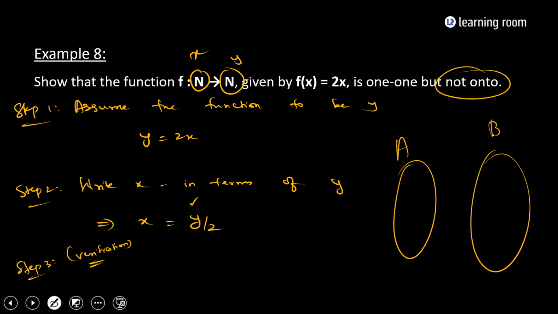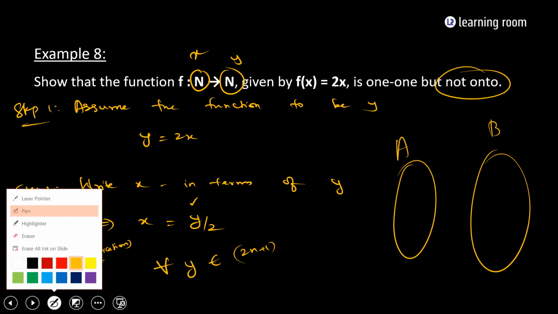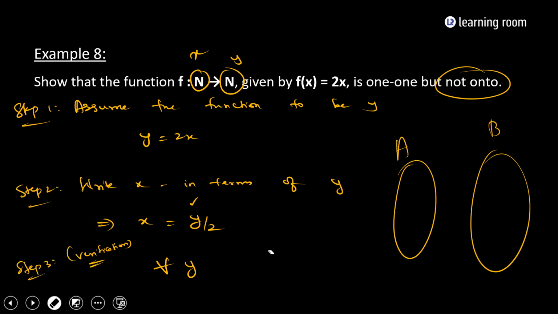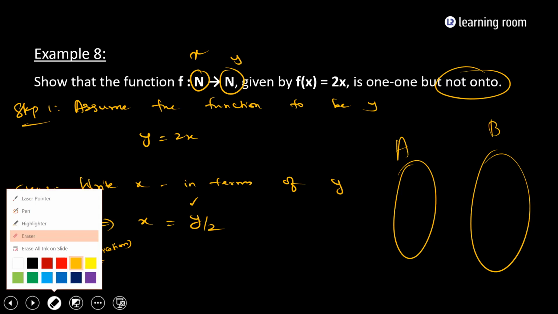So what you can say is, for all values of y which are odd numbers. You don't want to think this complicated. You can write it directly.